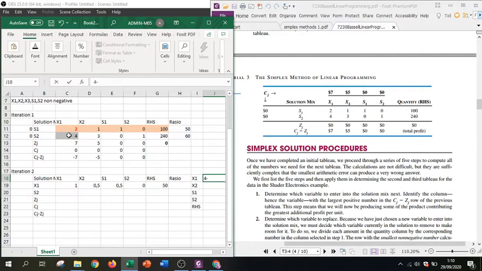Oh, I'm sorry, this is the 4 minus the corresponding row. So 4 minus the row corresponding to the second iteration. So this is 1 times the pivot, this is 4.